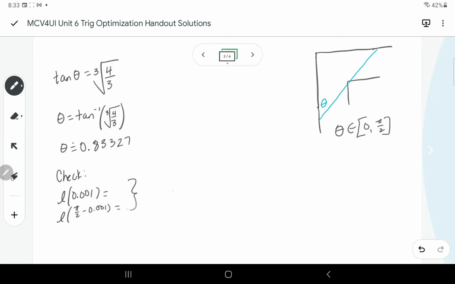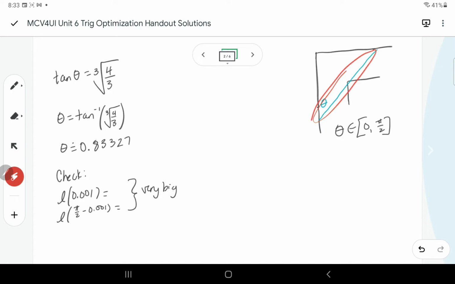These are going to be very big, and you can put those in your calculator. If you're at a very big, almost 90-degree angle, you can fit a super long board here. And if theta is a very small angle, you can fit a very, very long board. We're not interested in that.